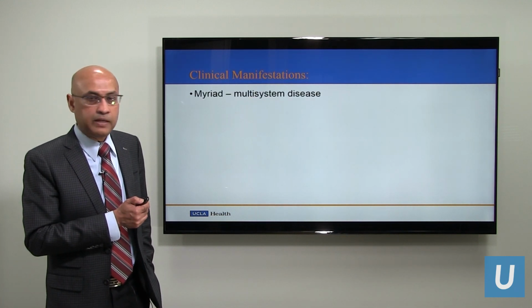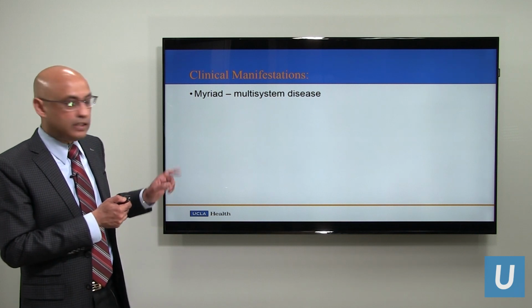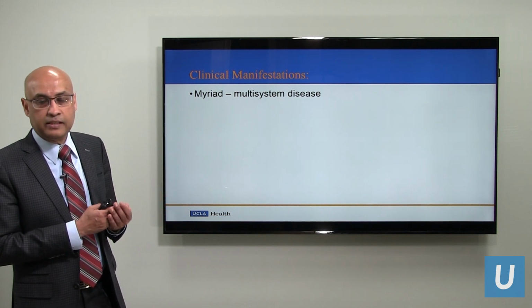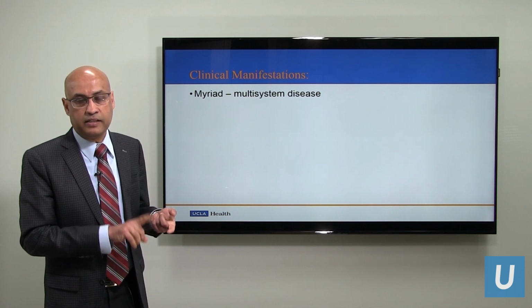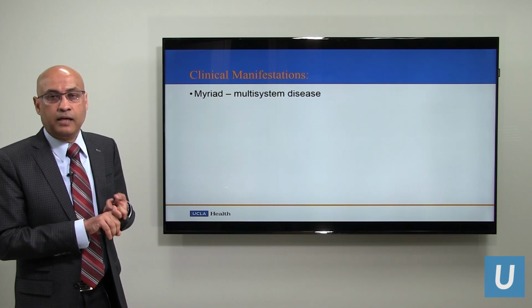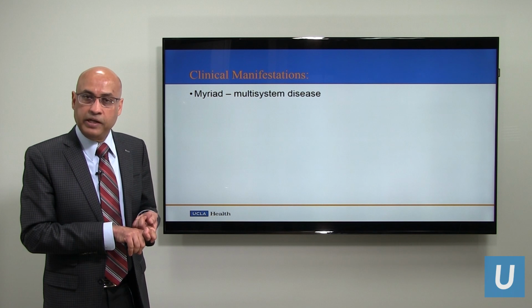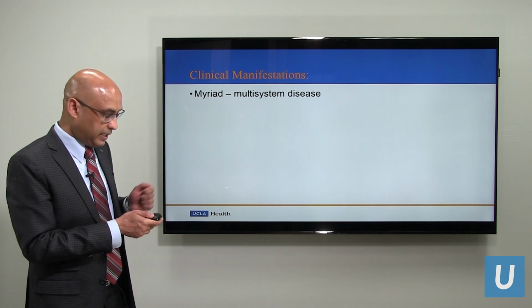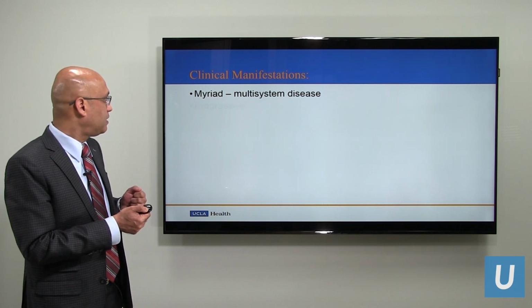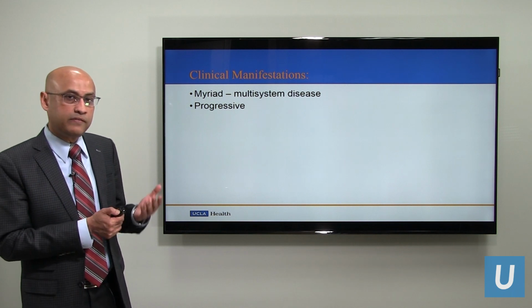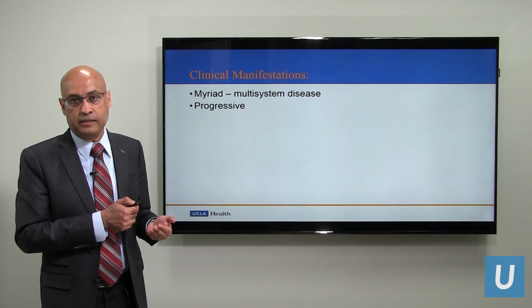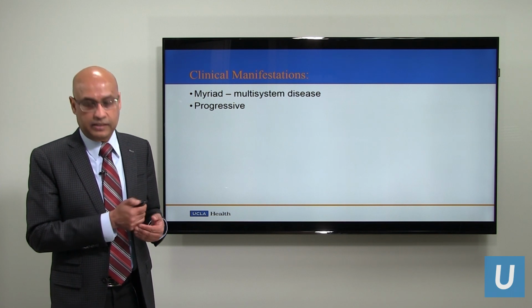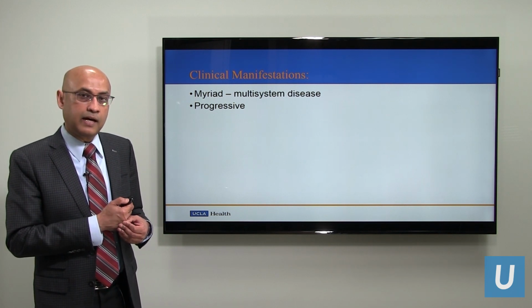How does Fabry manifest itself? So this is an important point. It's a multi-system disease. So multiple systems are affected, and we'll be going over some of them. The heart is affected, the kidneys are affected, the nervous system, the brain is affected. So it impacts a lot of organs. It's a progressive disease. Sometimes it's even called a silent disease, but over time it will manifest itself, and then the outcomes are bad.